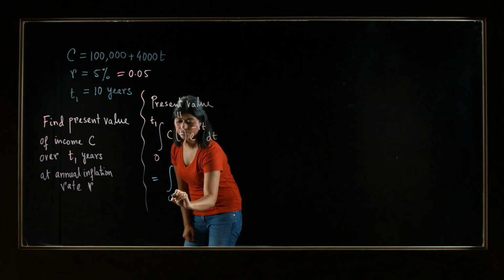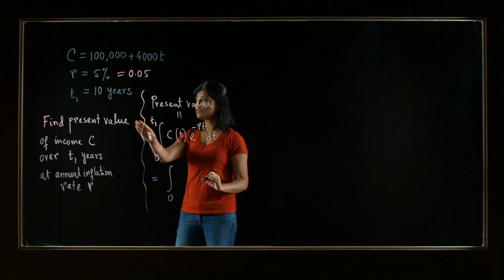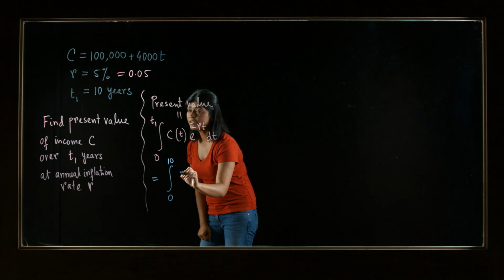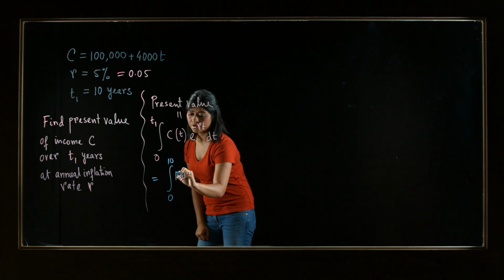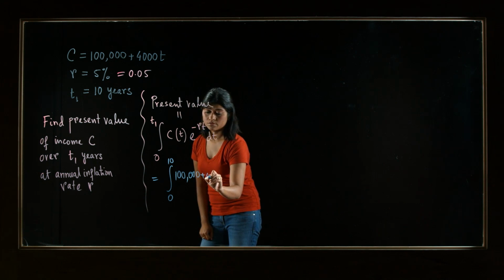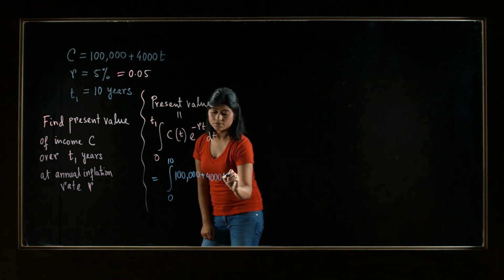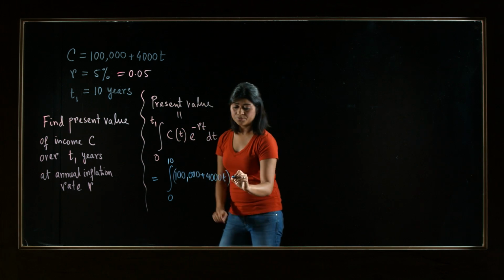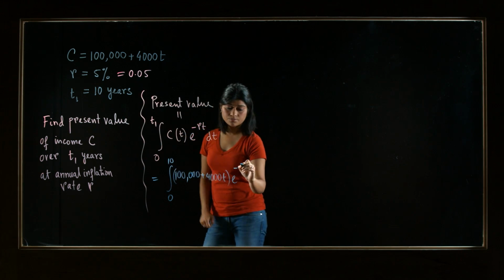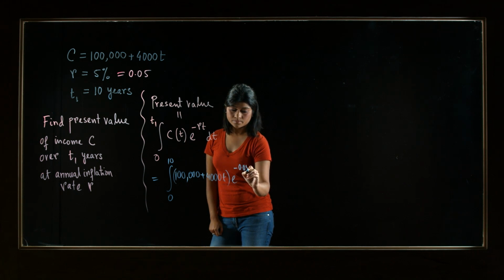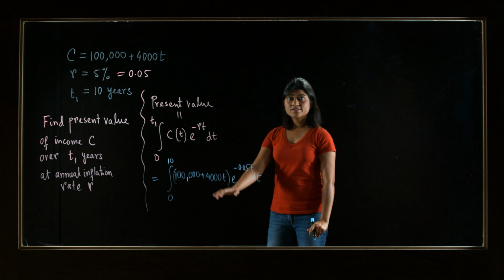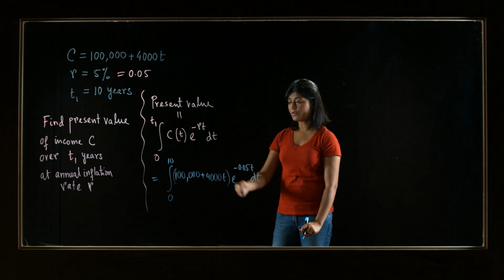So in this problem, we'll have to evaluate it from 0 to 10, and C of t is 100,000 plus 4,000 t multiplied with e to the power negative 0.05 t dt. So this is the setup to compute present value.